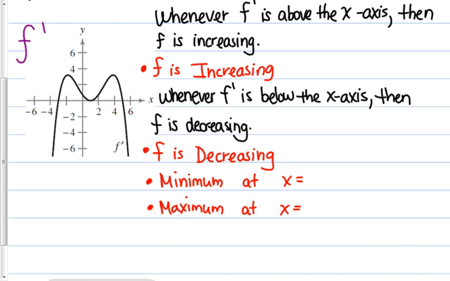So right here, which we're going to say is -3, and I'm just going to draw a dotted line. Okay, it's negative. It's below the x-axis, right? So my function is decreasing, okay, from -infinity to -3.